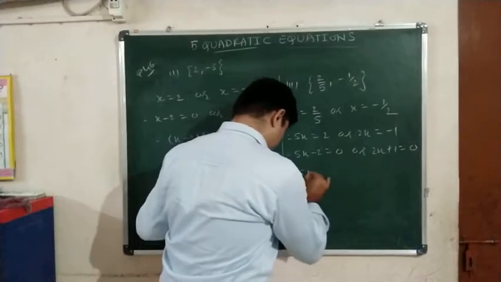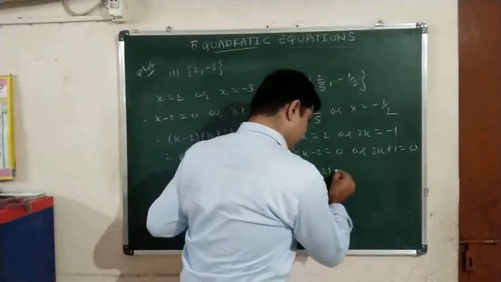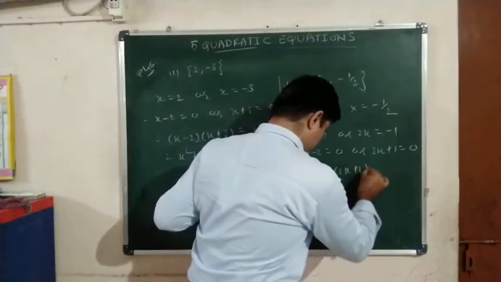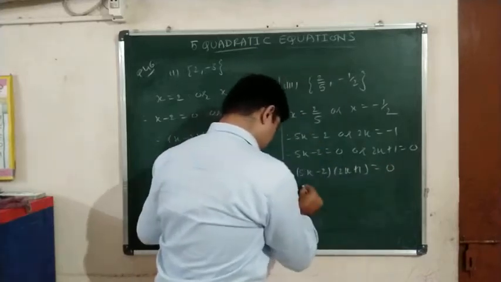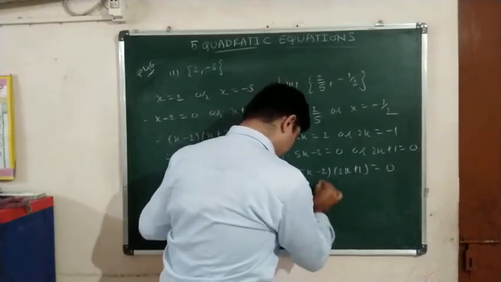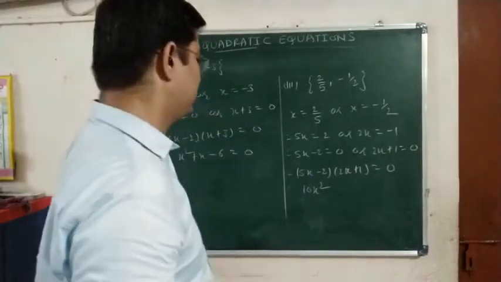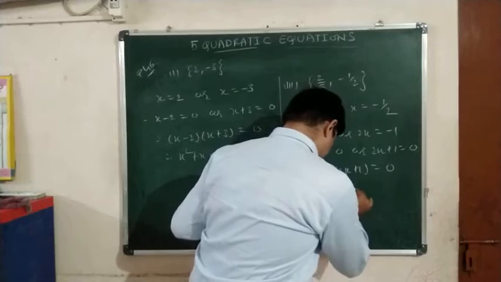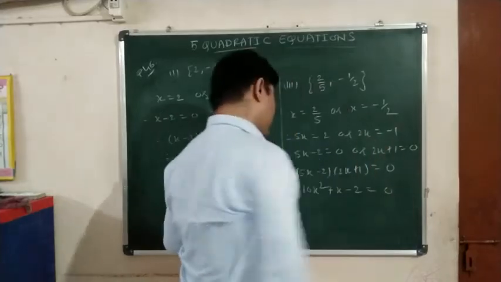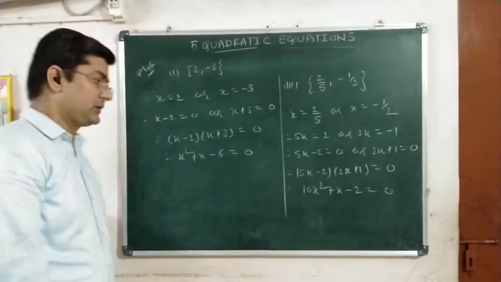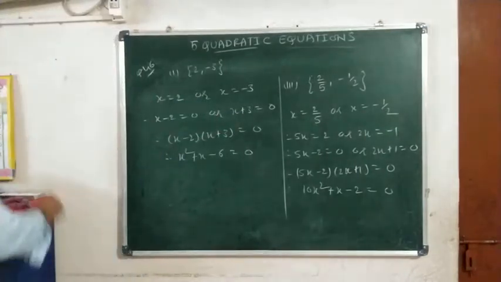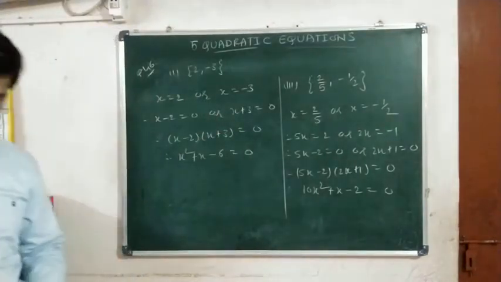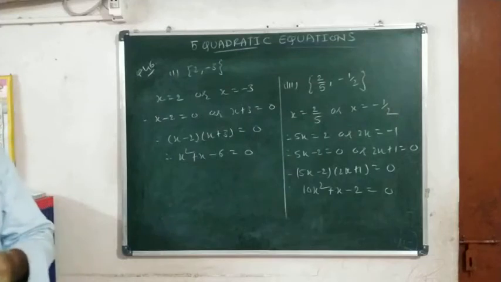Multiply the two equations. 5x minus 2 into 2x plus 1 equals 0. Therefore 5 2s are 10x square, 5 minus 4 plus x minus 2 is equal to 0. So this is the required equation. Clear? So 46, two questions, first and third I have solved.